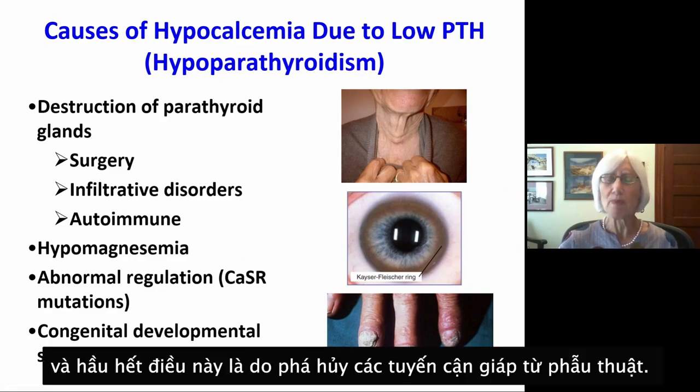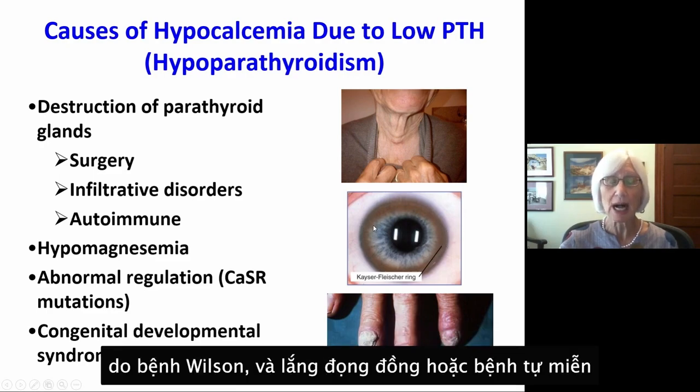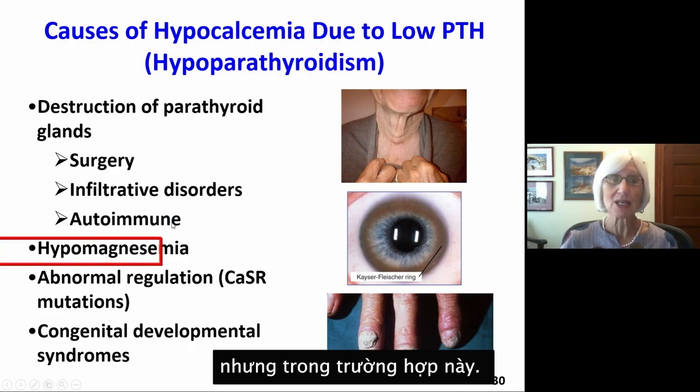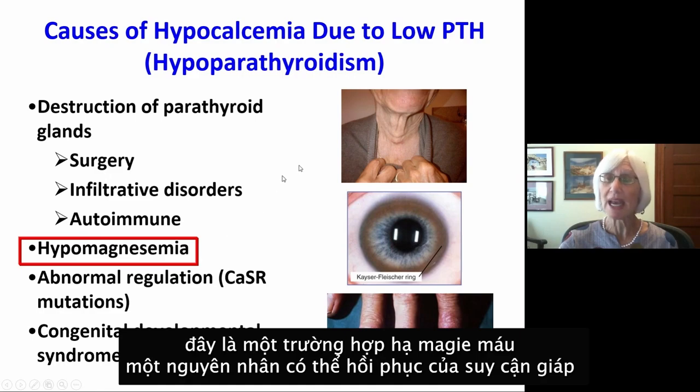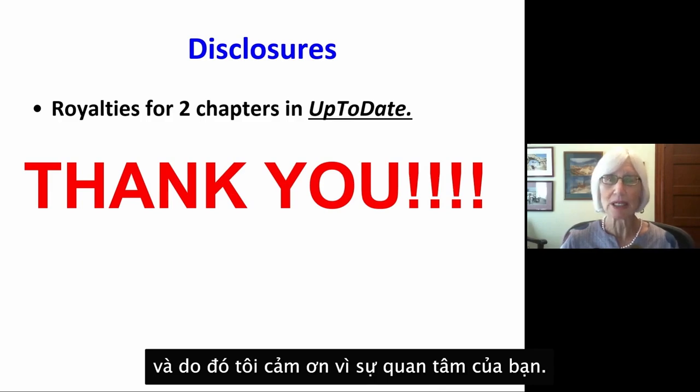And most of the time, this is from destruction of the parathyroids from surgery. There can be infiltrative disorders shown here, a Kayser-Fleischer ring from Wilson's disease and copper deposition, or autoimmune disease. But in this case, this is a case of hypomagnesemia, a reversible cause of hypopara. And with that, I am going to thank you for your attention.